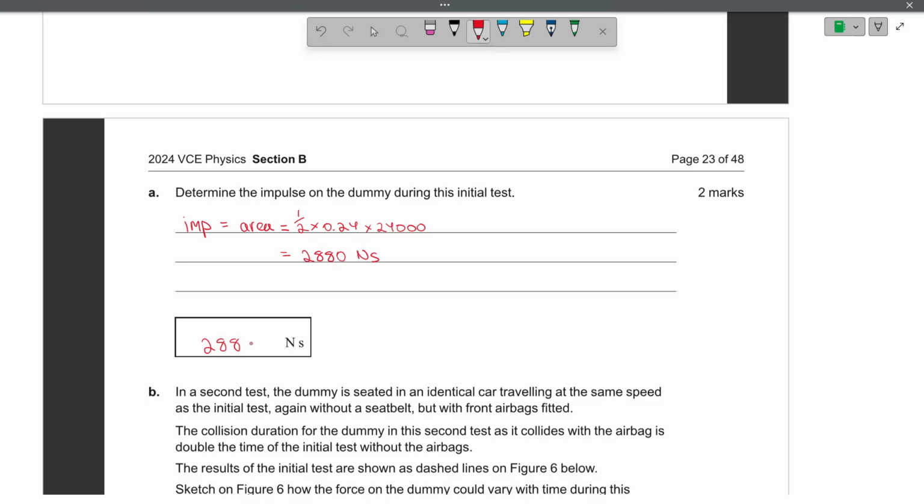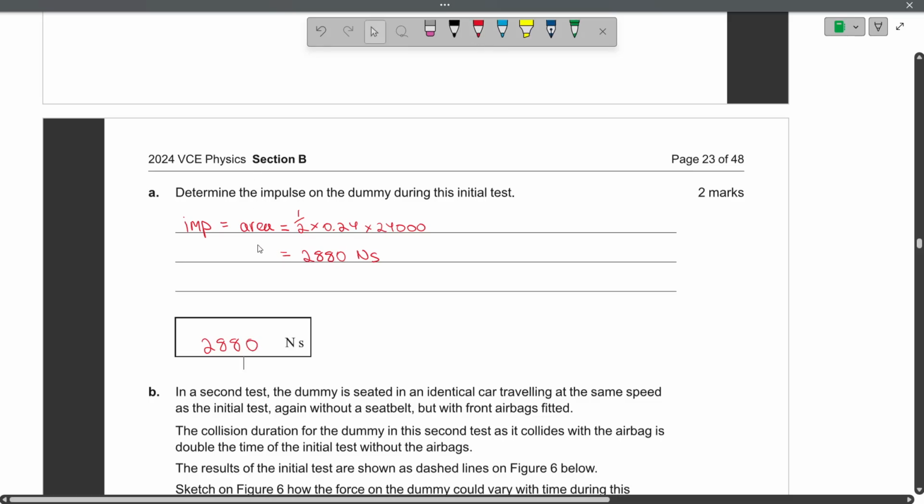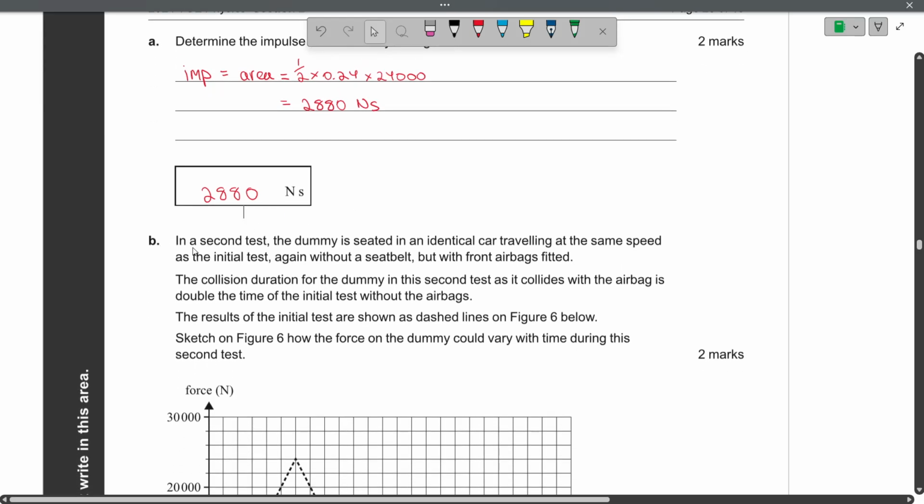You've understood what you need to do. They're not penalizing you on being too liberal with your significant figures. Part B. In a second test, the dummy is seated in an identical car traveling at the same speed as the initial test, again without a seatbelt, but with front airbags fitted.